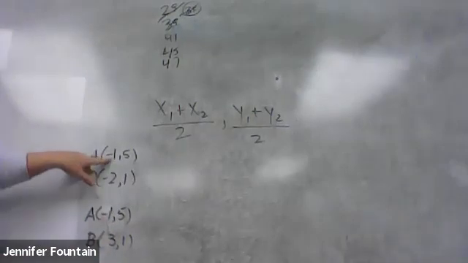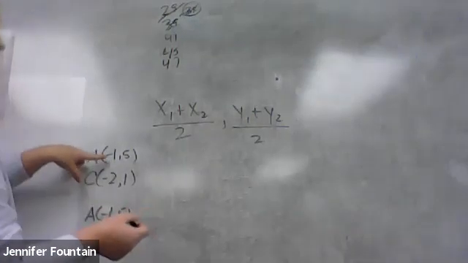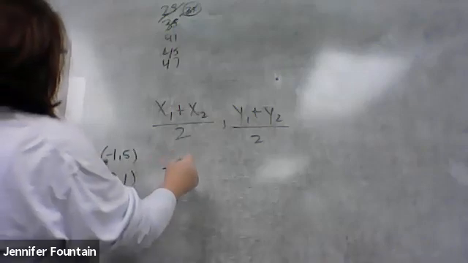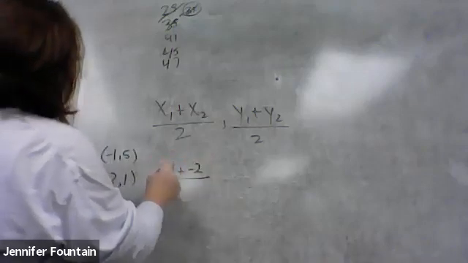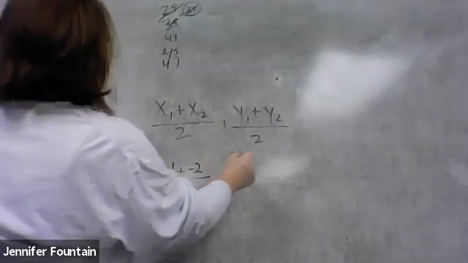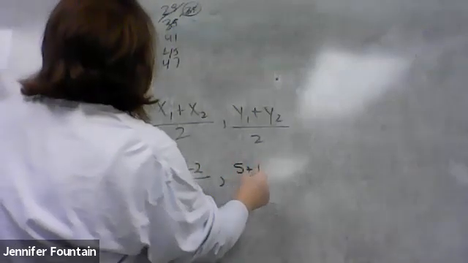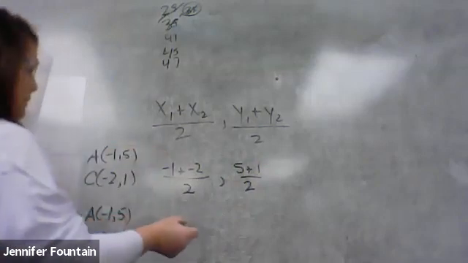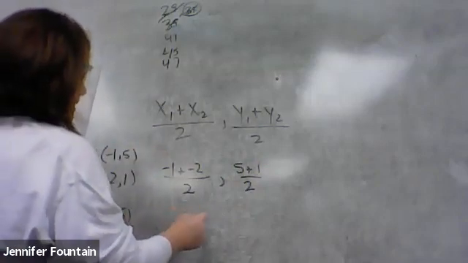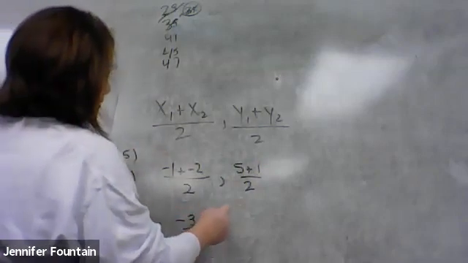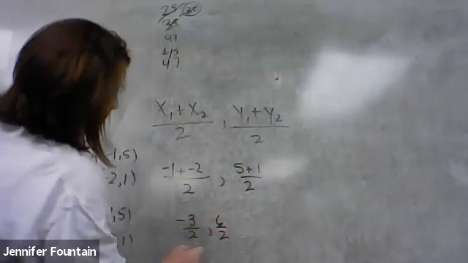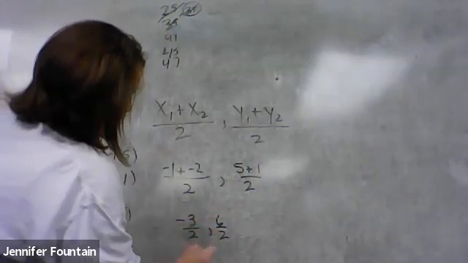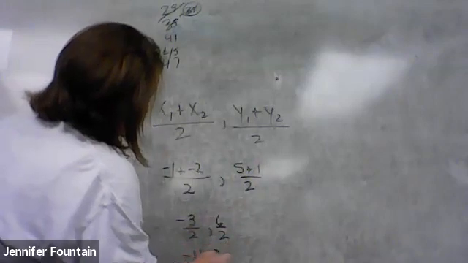Okay, so for this one, I'm going to have -1 plus -2 over 2, and then 5 plus 1 over 2. So -1 plus -2 is -3 over 2, and then I have 6 over 2. So I'm going to have -1.5, 3.